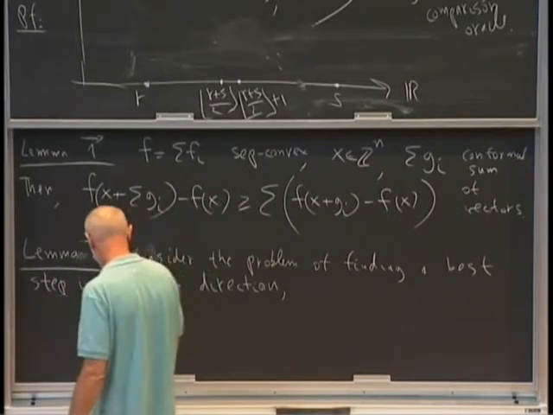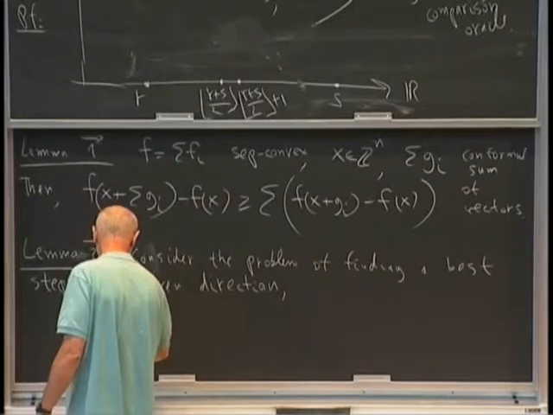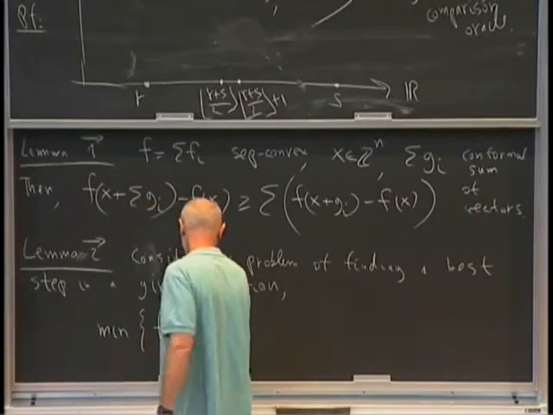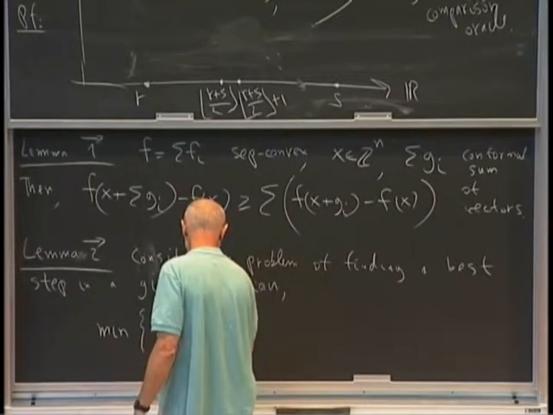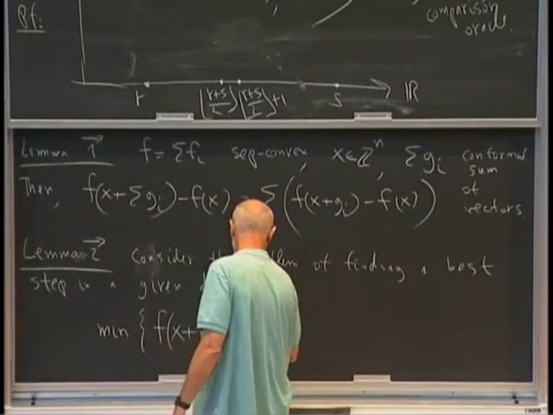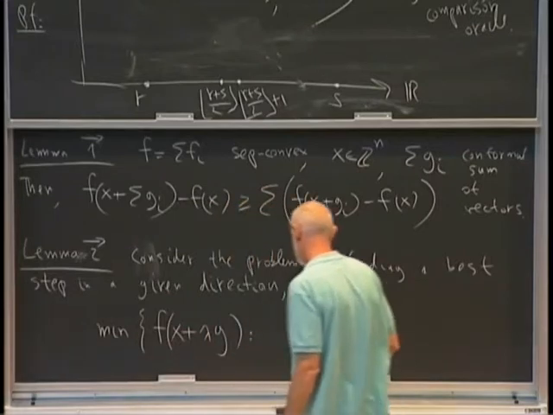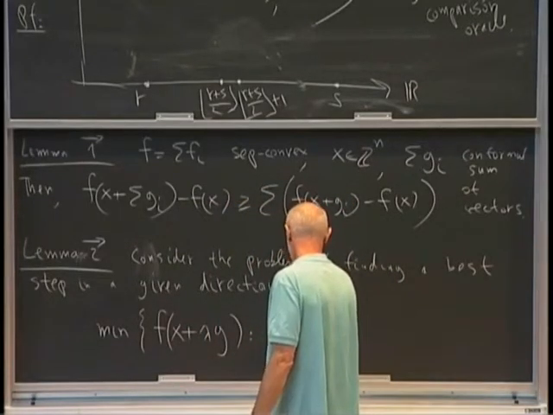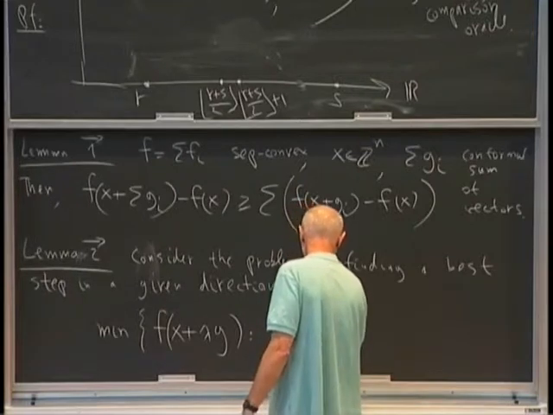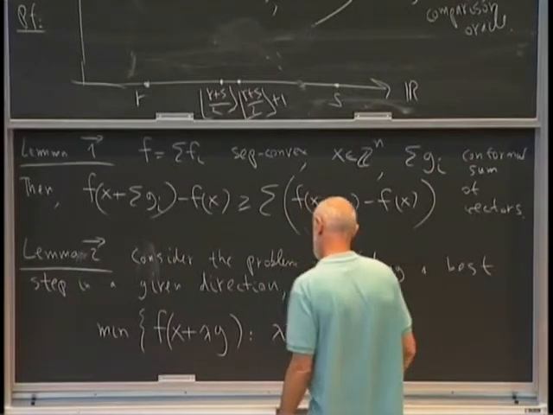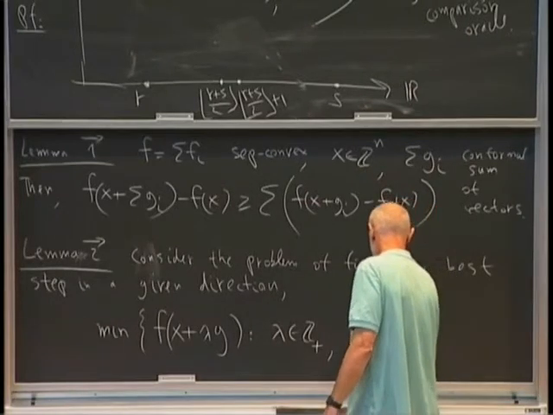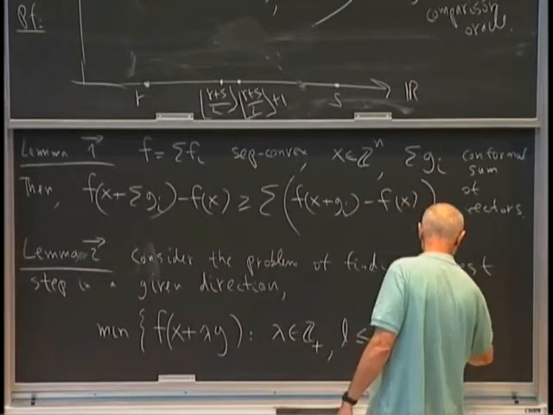Let me first write the problem: we want to minimize f of x plus lambda g such that lambda is a non-negative integer, and x plus lambda g is between some given lower and upper bounds.